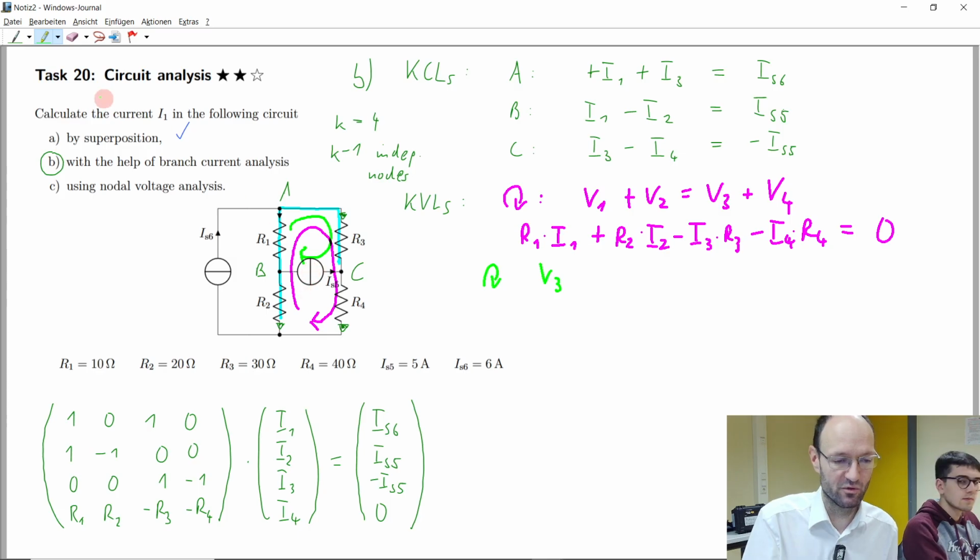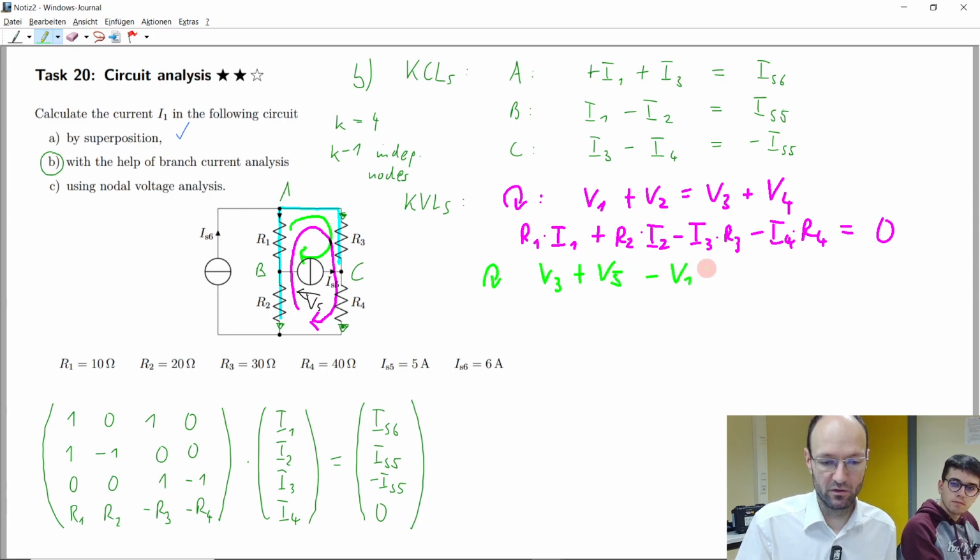But okay, we would need to define what is the voltage drop across the source, and usually we would say current and voltage at sources point in opposite directions. So if we call this V5, then here we would say, okay, this is V3 plus V5 and minus V1, and this is 0 at the end.